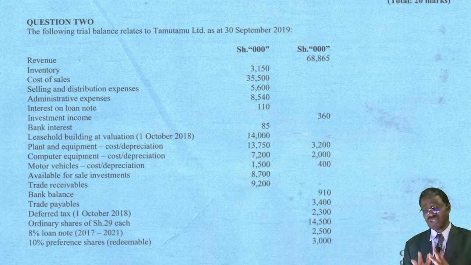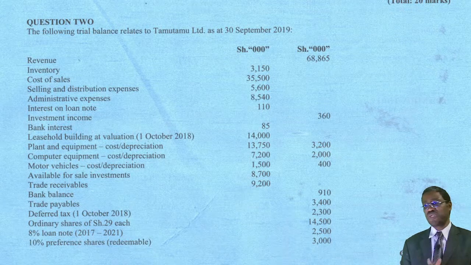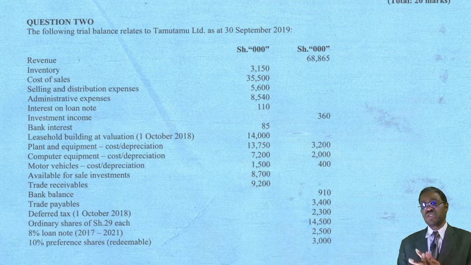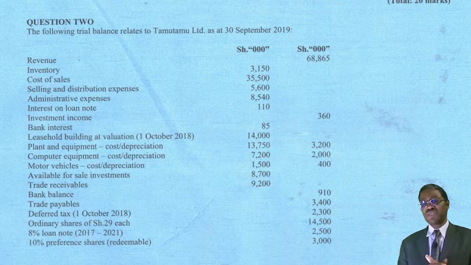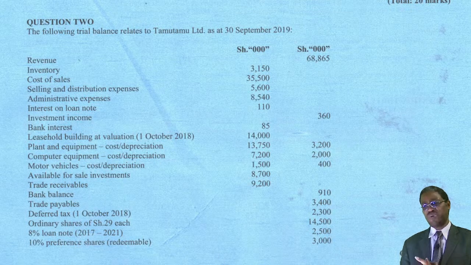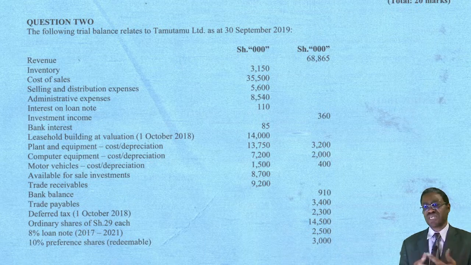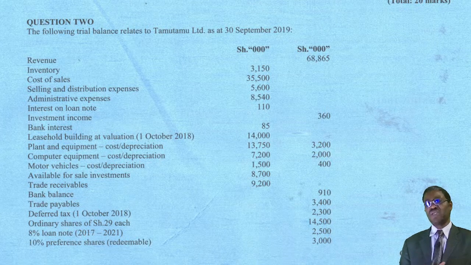Then you are told the next one is plant and equipment. You are given the cost and depreciation. Computer equipment, again, you are given cost and depreciation. Motor vehicle, again, cost and depreciation. Then you have available for sale investment, trade receivables, bank balance, trade payables, deferred tax on 1st October 2018.